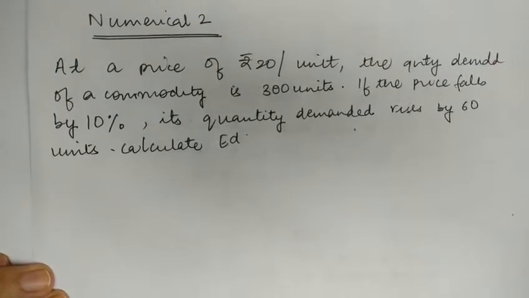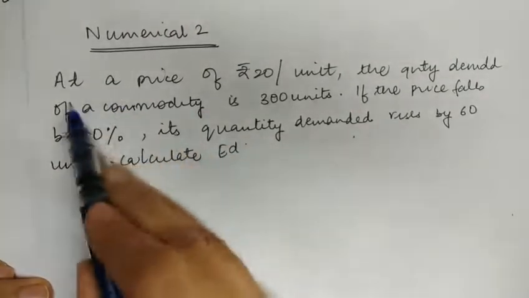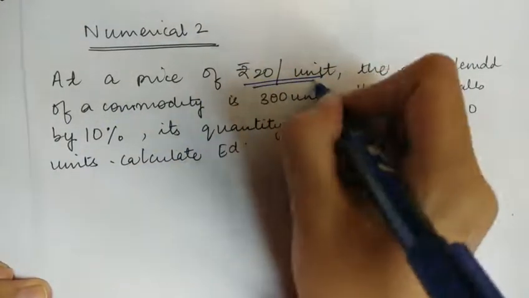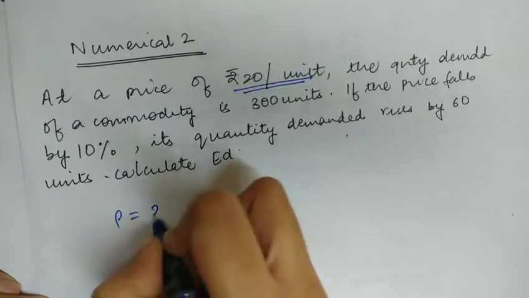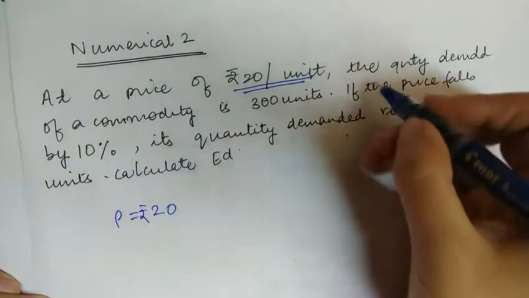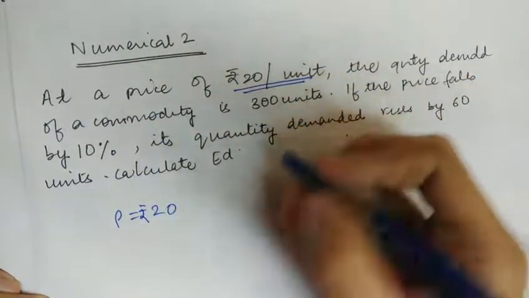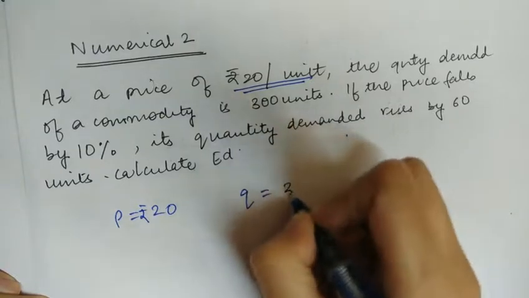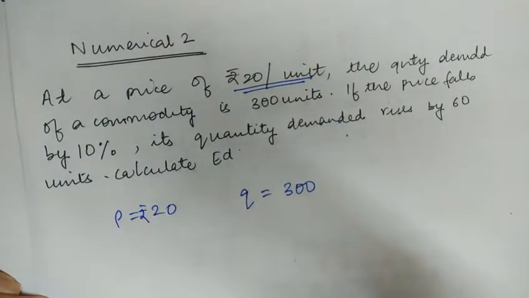Now it is very essential to understand the language of the numerical. At a price of 20 per unit, so the original price is 20, the quantity demanded of a commodity is 300 units. So the original quantity is 300.